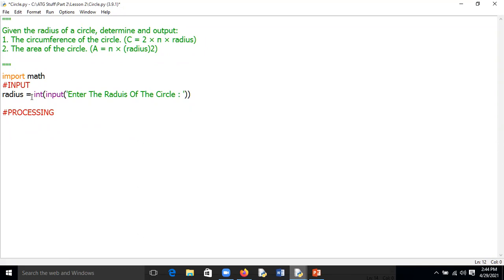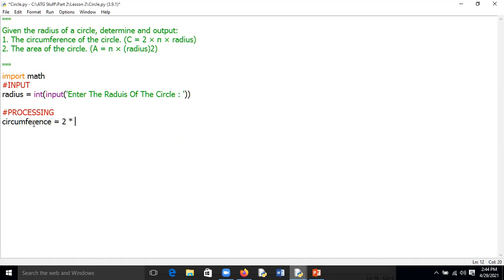So now the word circumference, we can use the word circumference as a variable, right? It's meaningful. So we are going to go with circumference is assigned. Now I want you to look at that formula. It's 2 times pi.